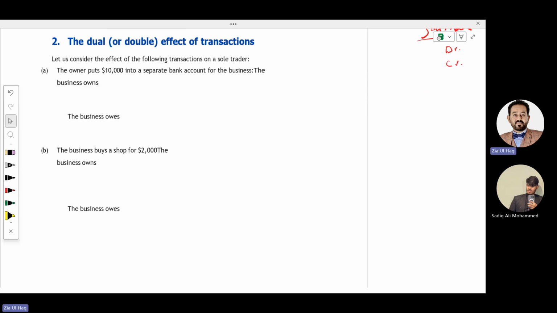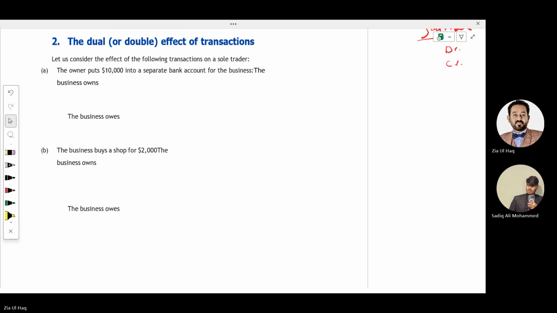The owner puts $10,000 into a separate bank account for the business. The owner invested 10,000 into the business. For the business, is cash coming in or going out?